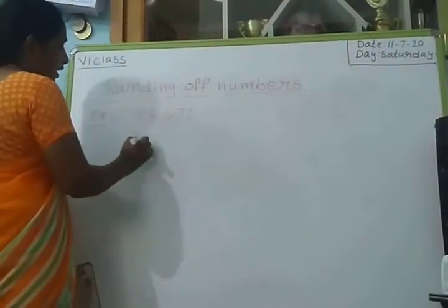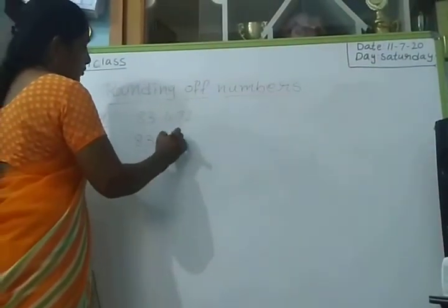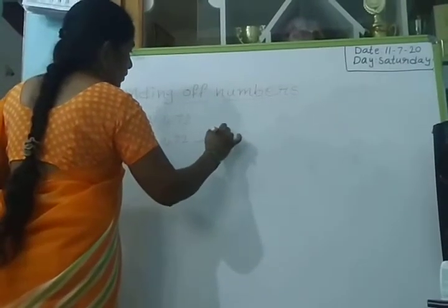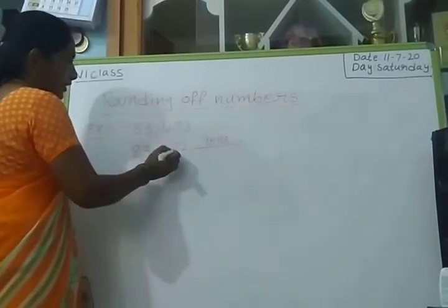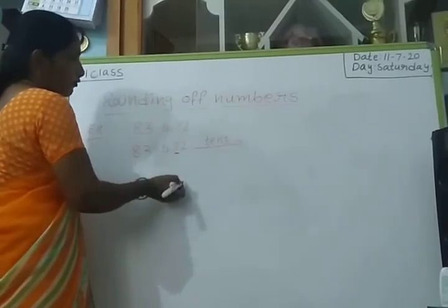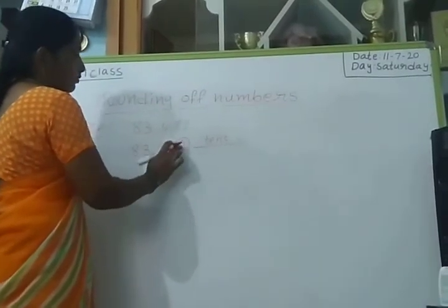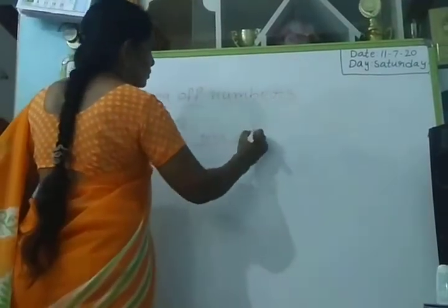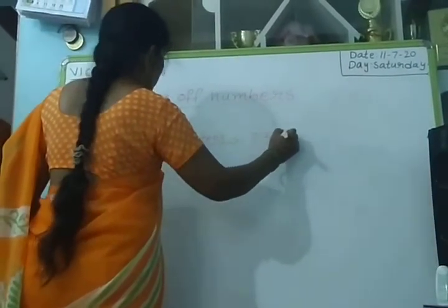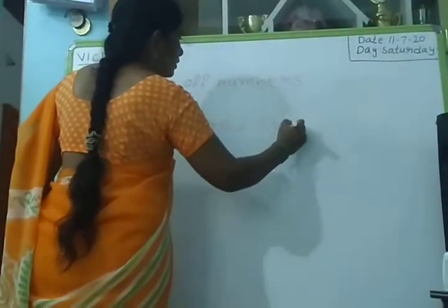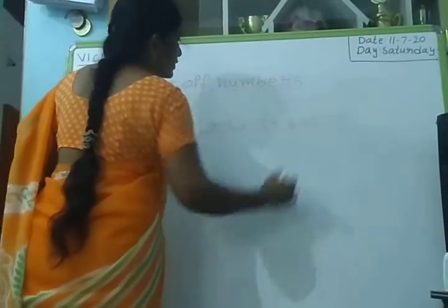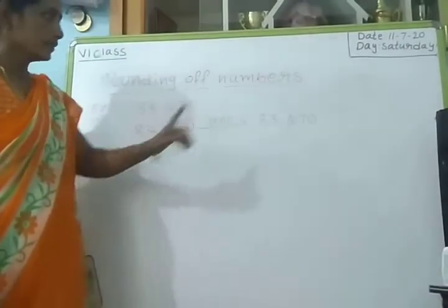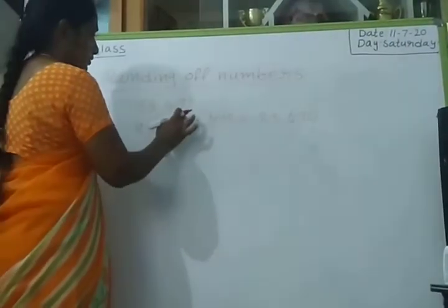First I am rounding the tens place. Then what do we have to see? The ones place. What is there? 2. 2 is less than 5. So write the tens place as it is and make the ones place 0. So 83,470 is the nearest tens.